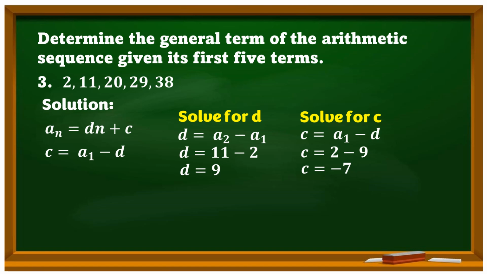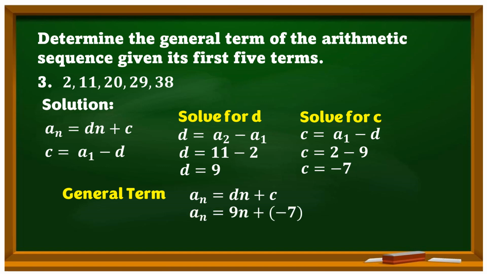So since we have now the value for d and c, let us determine now the general term of the given arithmetic sequence. And we will use the formula a sub n equals dn plus c, wherein the value of d is 9 and the value of c is negative 7. So we're going to substitute now the value of d and c in the given formula.